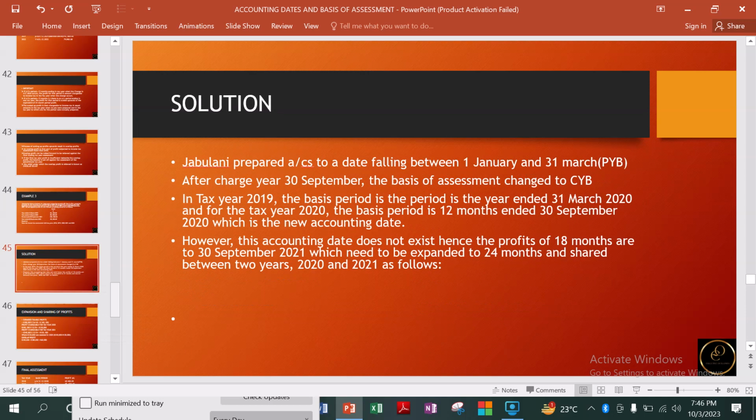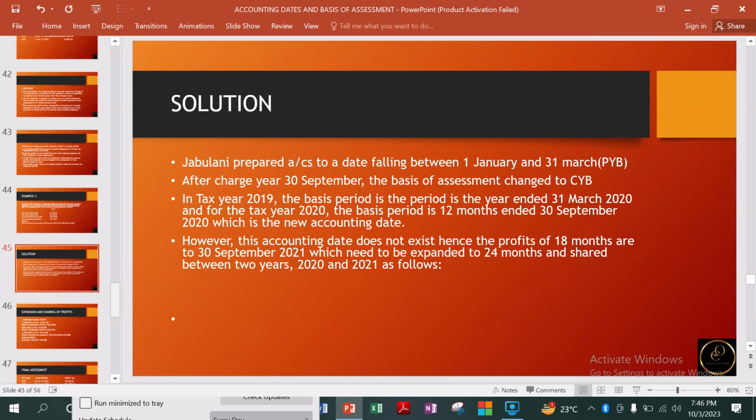The next point is that in tax year 2019, the basis period is the period of the year ended 31st March 2020. For tax year 2020, the basis period is 12 months ended 30 September 2020, which is the new accounting date.